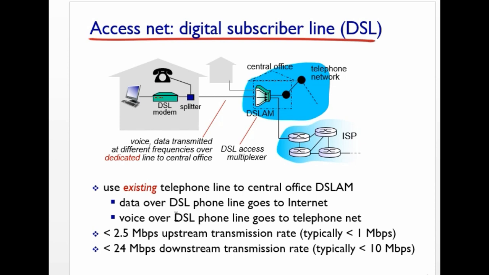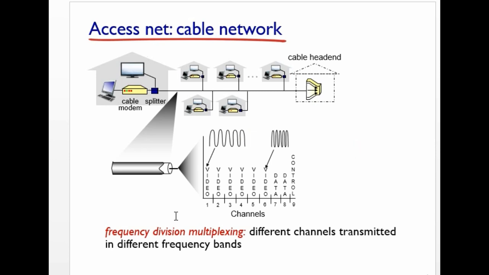Okay, so access network: cable network. This is about frequency division multiplexing. Sorry, we are now working on frequency division multiplexing, which is another concept, where different channels are transmitted in different frequency bands.